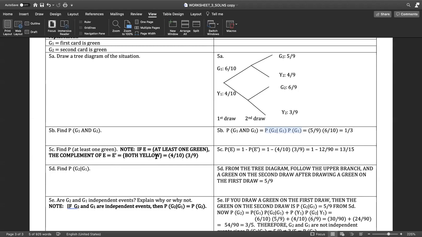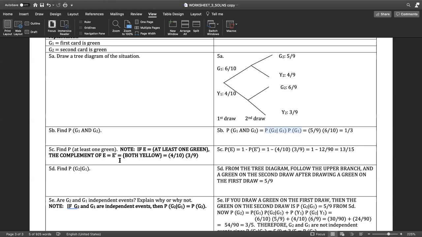Now, why did I do it this way? I could have calculated the probability of at least 1 green using my multiplication rule on the tree diagram, and there I would have the sum of the probabilities of those 3 different events. Or we can take the complement, calculate the probability of the complement, which is easier really, and then just subtract it from 1, right?